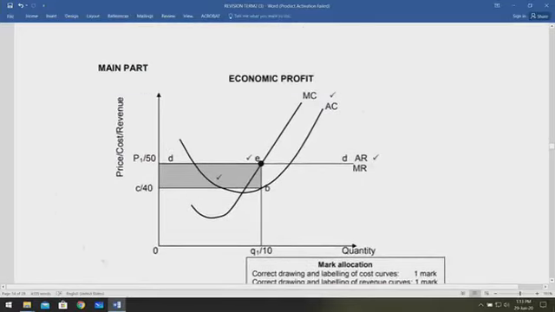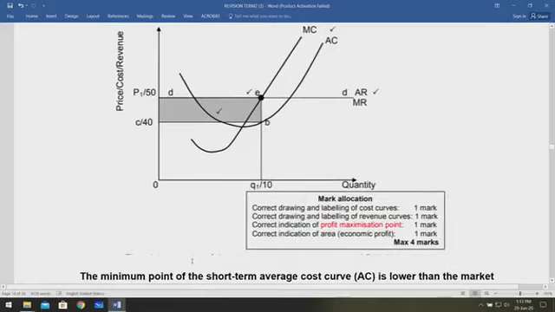So if I have to discuss economic profit, I will obviously first discuss what is my revenue, because to get to profit, it is total revenue minus total cost. So total revenue would be the 50 times 10, which is 500. My total cost would be 40 times 10, which is 400. So the profit that I'm making will be 100. Okay?